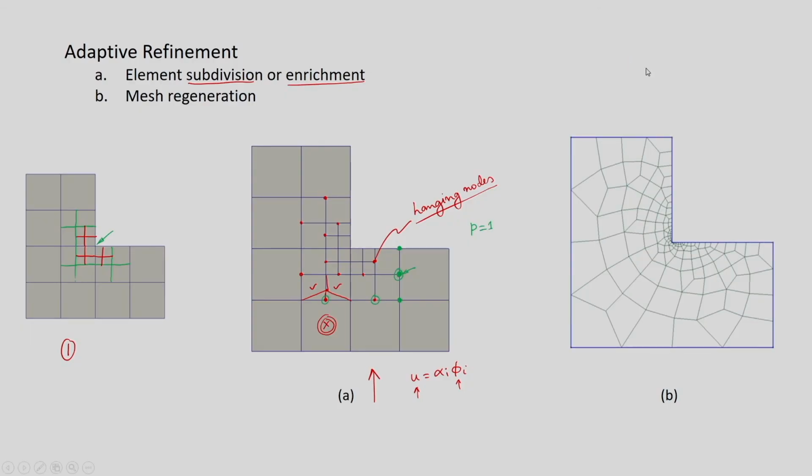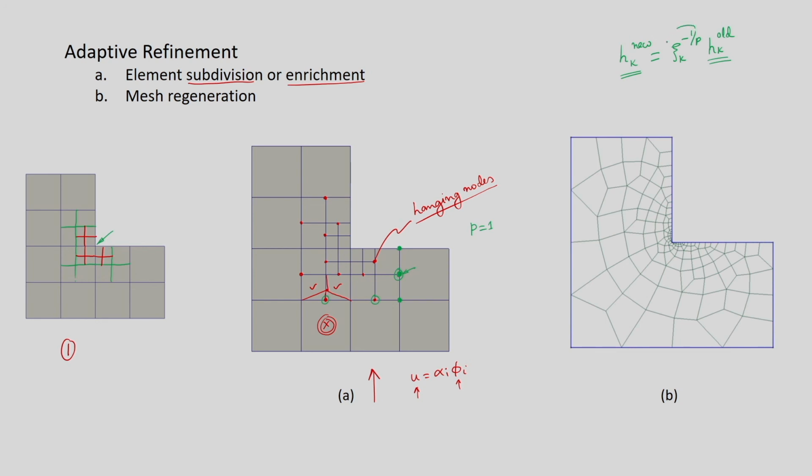Another approach that we generally follow is, once we know xi k, we can calculate the new h required for the kth element as xi k to the power minus 1 by p times h k old. Here h k old is the characteristic length of the kth element in the old mesh, and h k is the characteristic length of the new mesh at that point.